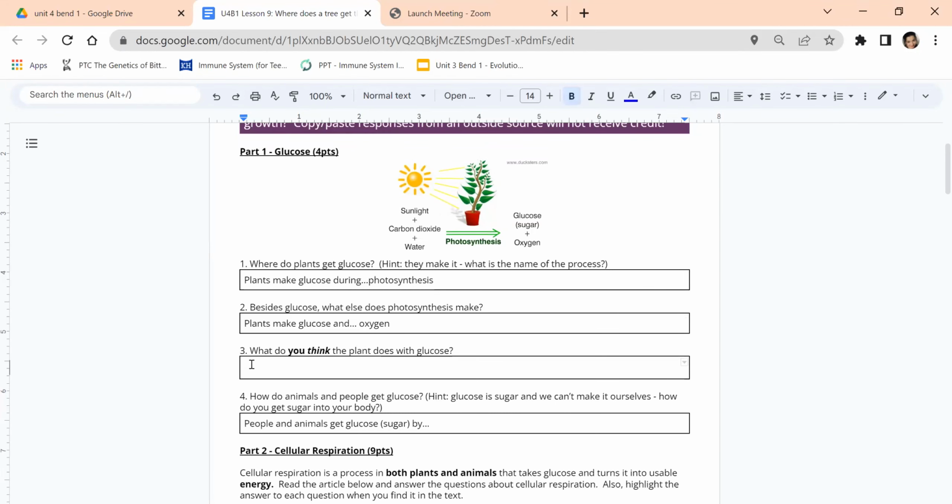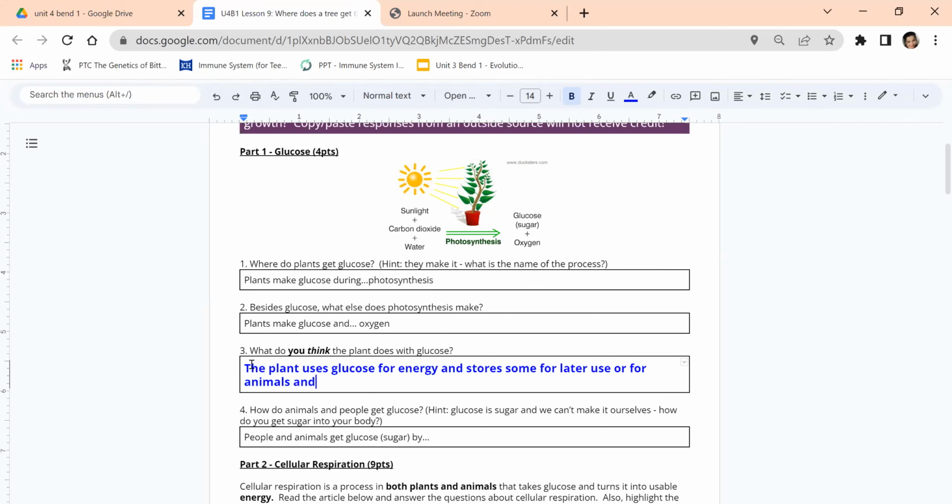So what does the plant do with this glucose that they make? Well, the plant uses glucose for energy for itself and stores some for later use or for animals and humans to use for food.